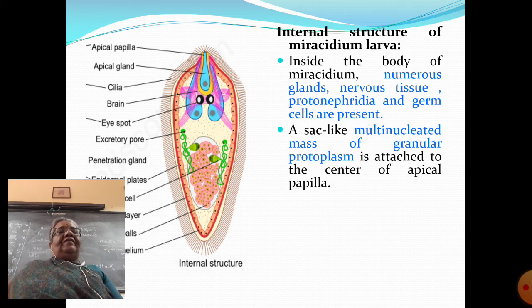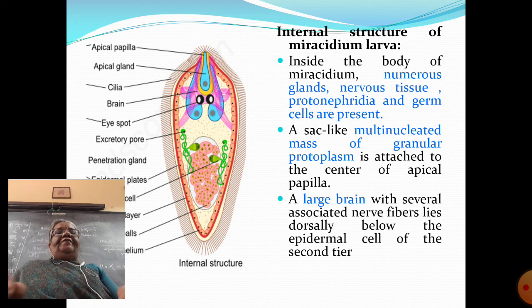It consists of granular protoplasm. Then you find a large brain with several associated nerve fibers, which lie dorsally below the epidermal cell of the second tier. Don't get confused with the position.